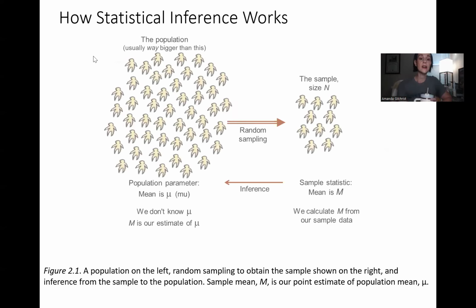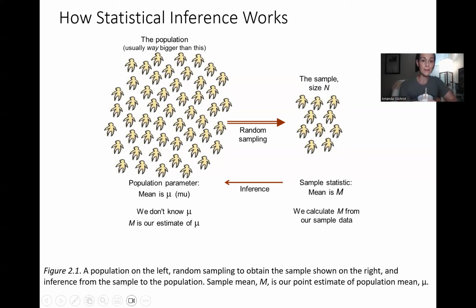Here we have a population, and as you can see, this is a pretty small population. Most of the time, our population is going to be considerably bigger than this. We are obviously not going to be able to test everybody in the population.